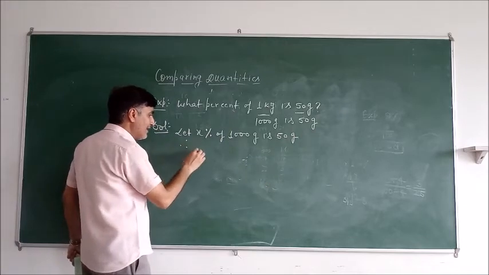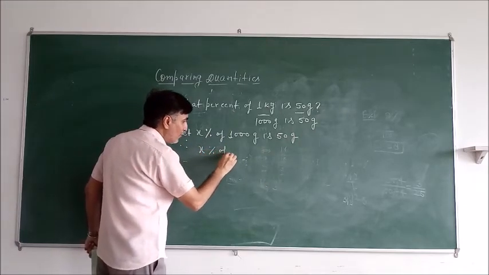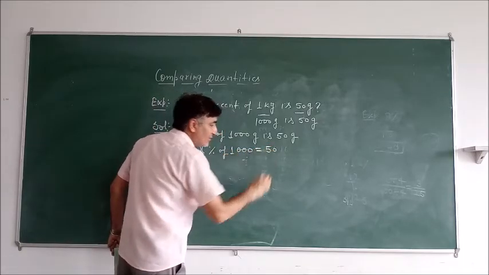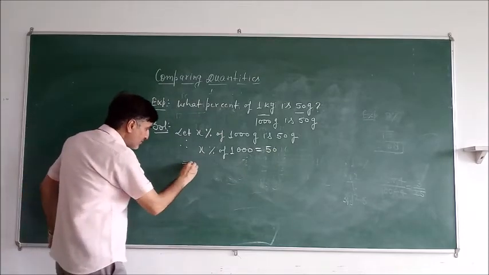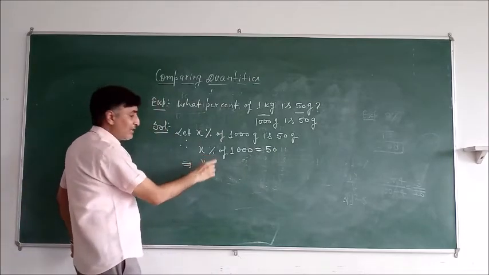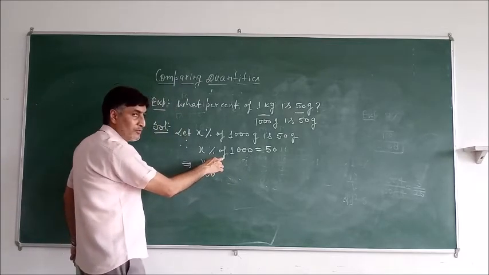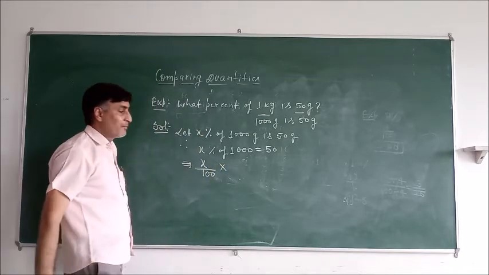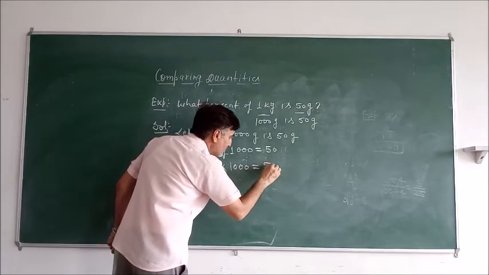Therefore, we can write it like this: x percent of 1000 equals 50 gram. When we simplify this one, remove this percent sign and put 100 in the denominator. Just remove this sign of 'of' and use the mathematical operation, multiplication, into 1000, that becomes 50.